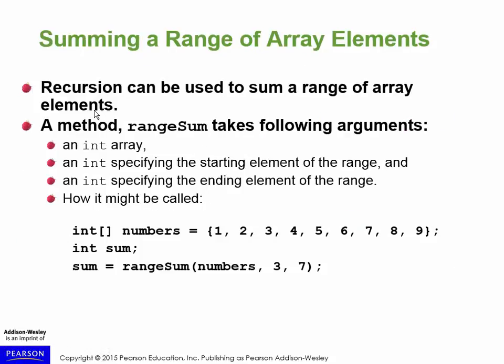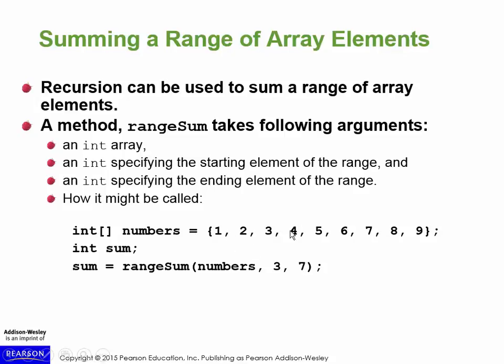So here is an example where they use recursion to sum a range of array elements. You've got some kind of an integer array, and you want to show the start of the array, the starting element, and the ending element.